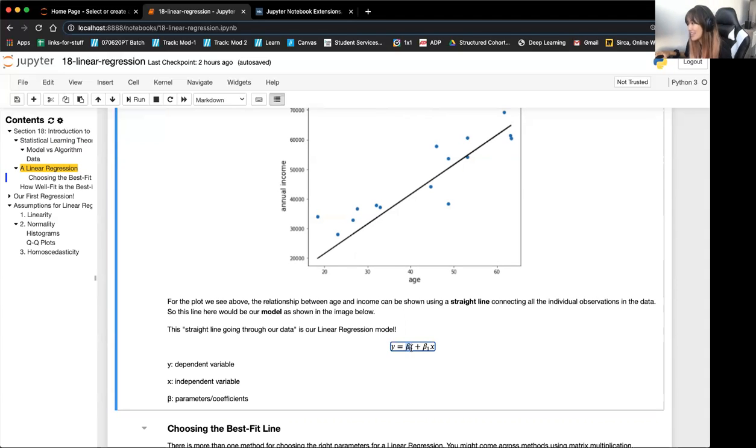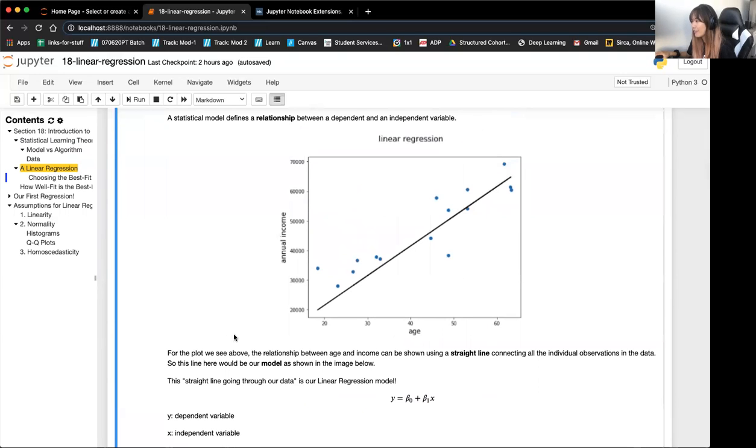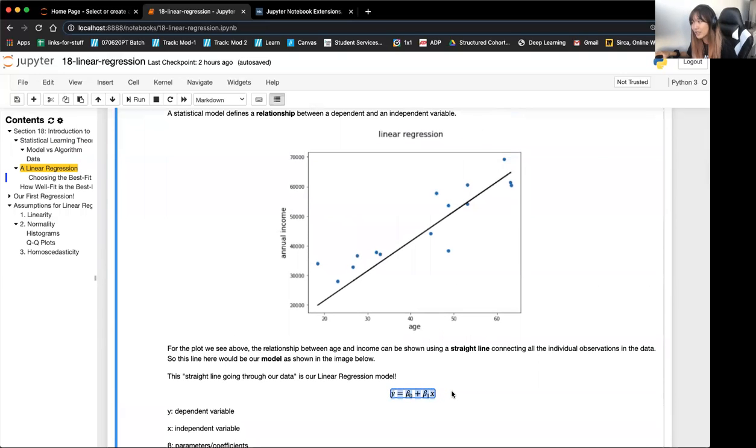Each increase in beta 1 will have a linear effect on y. We'll get into that later when we look at the output of our linear regression. So basically, every line has this formula.